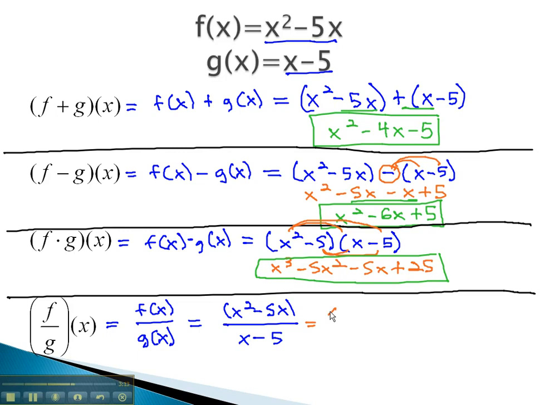The numerator, we can factor out the greatest common factor of x to leave us with x minus 5. The denominator, x minus 5, does not factor. However, looking at this form, we can see the x minus 5's divide out, and we're just left with a simple answer, x.